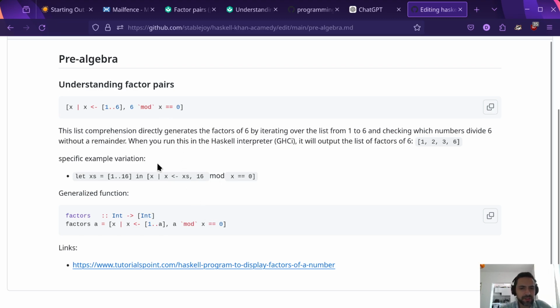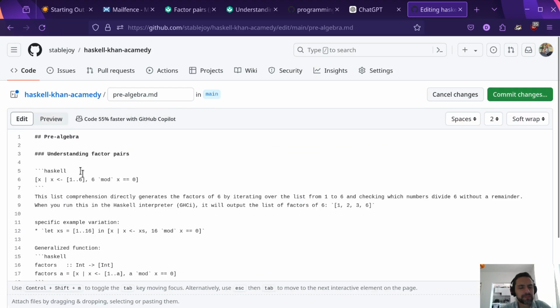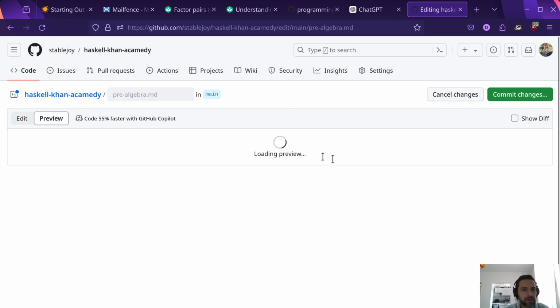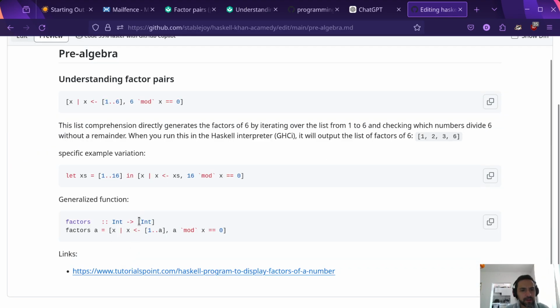Yeah, but this would be hard to explain to someone. Specific example. Right, this. This would be hard, I guess. Generalized is better. Like, copy.